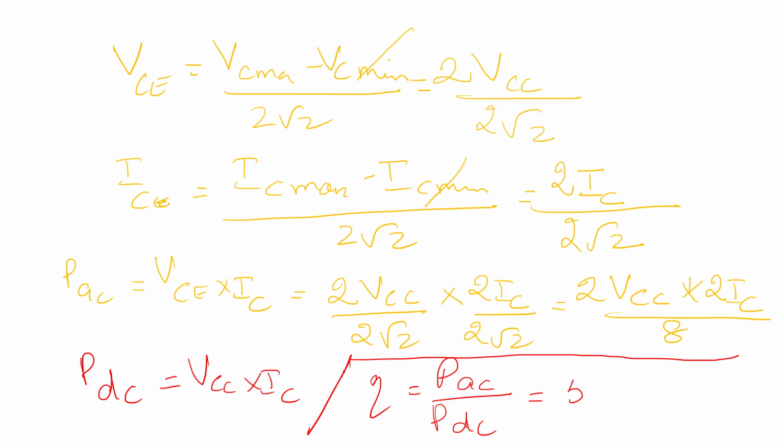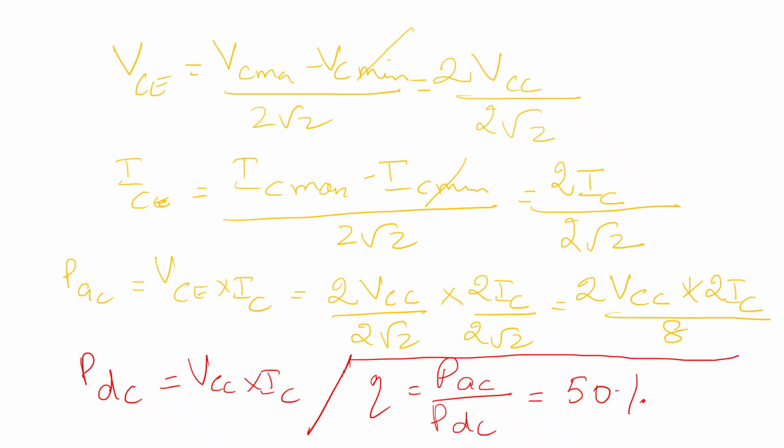On simplification, the efficiency of the transformer coupled class A amplifier is determined to be 50 percent, and this is the impact of the transformer being connected to the collector terminal of the amplifier. A class A amplifier is capable of giving an output signal of the complete 360-degree cycle.